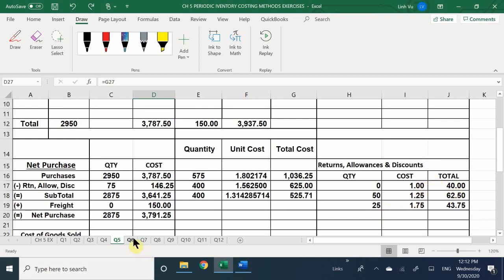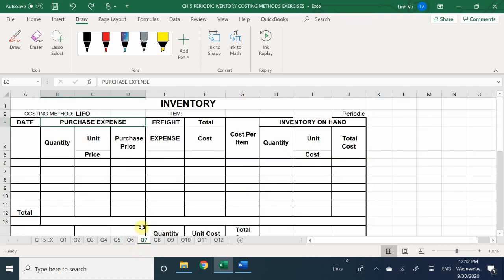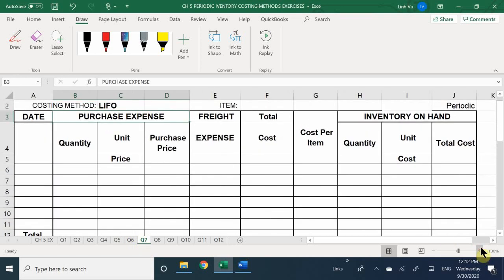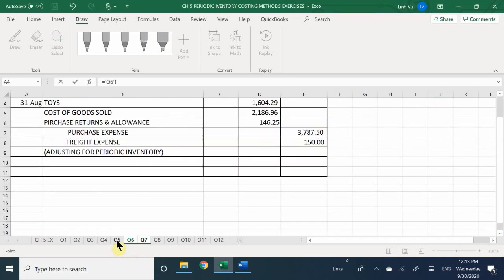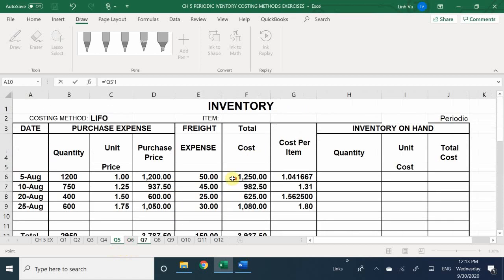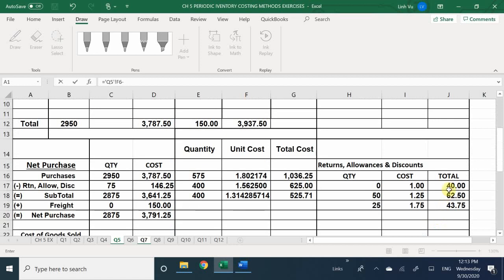So I'm going to go ahead and enter in the information as I see it in my original one. So here I know I have 1,200 and it's going to be equaling my 1,250 minus my return of $40.